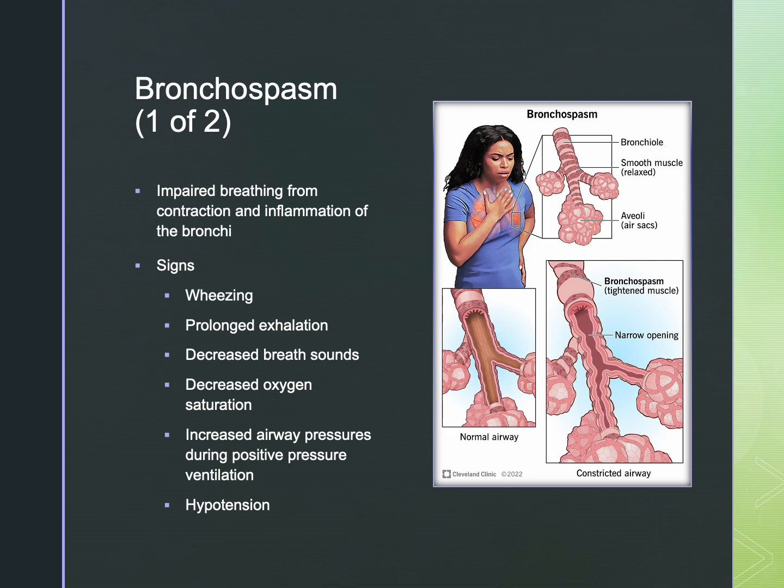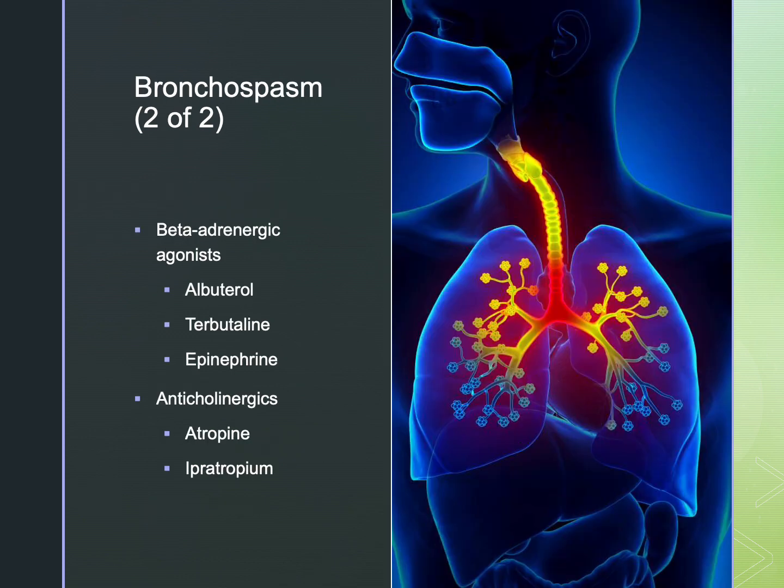Some signs of bronchospasm include wheezing, prolonged exhalation, decreased breathing sounds and oxygen saturation, increased airway pressure during positive pressure ventilation, and hypotension. Treatment consists of administering 100% oxygen and then manually ventilating the patient, which of course will be done by the anesthesia care provider.